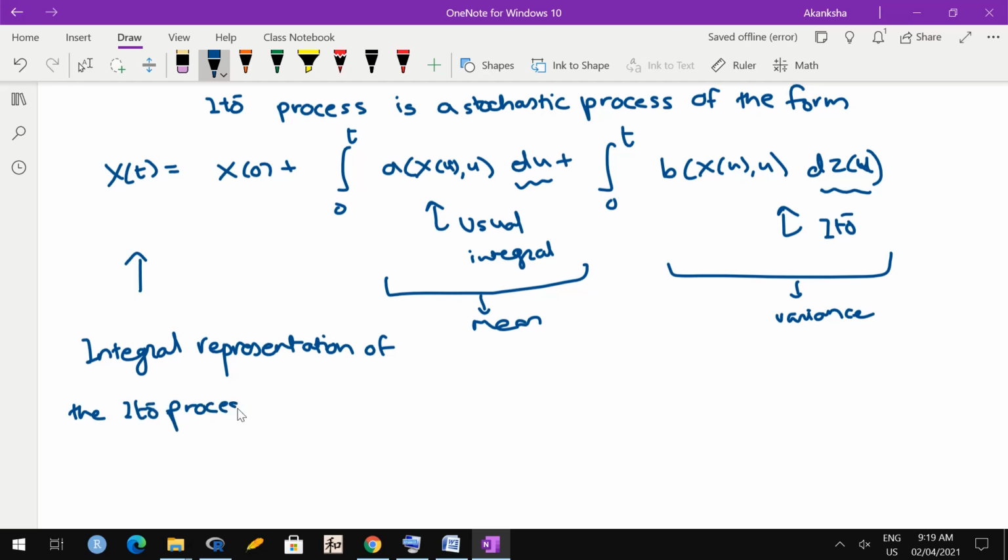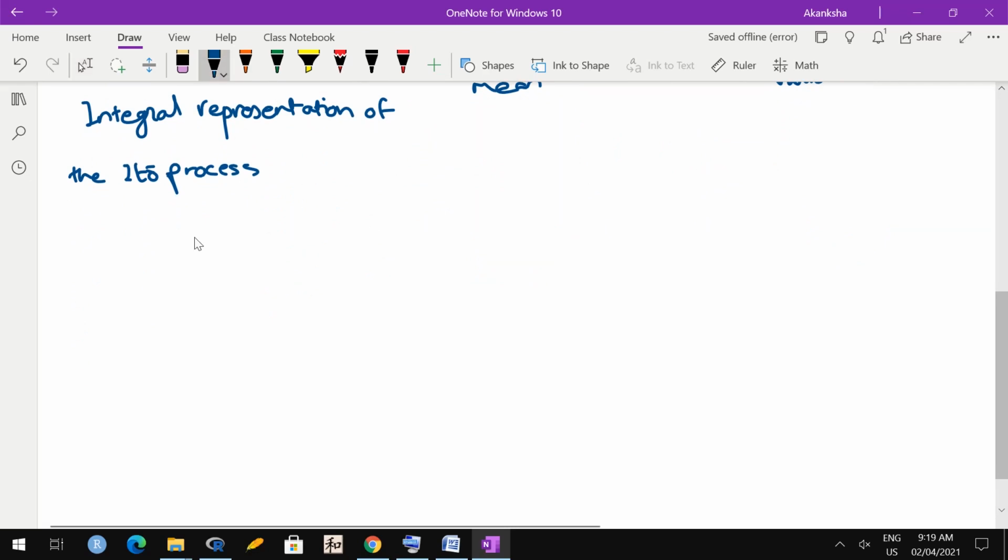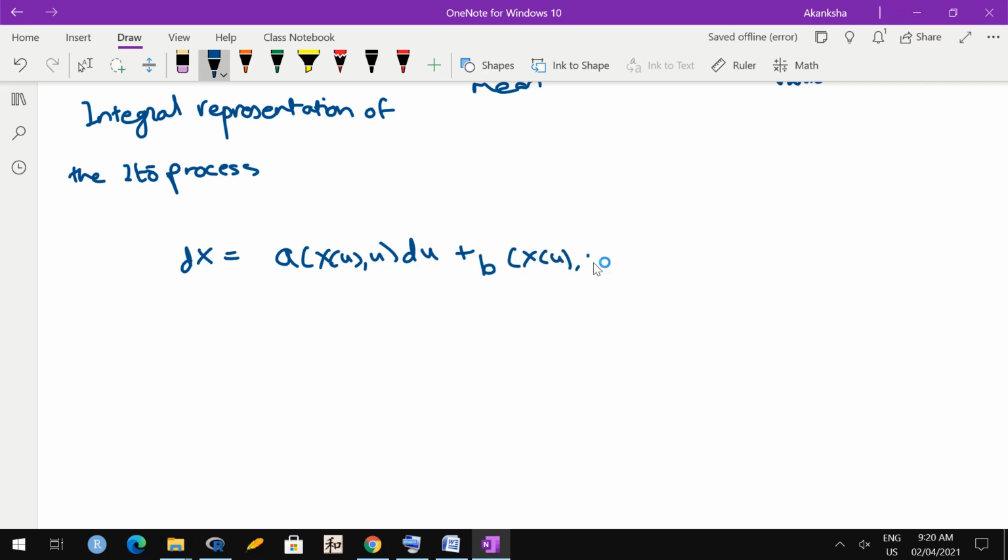There is a differential representation also, so let me now write that. So what is the differential representation? We write dX as a(Xu, u) du plus b(Xu, u) dZu.